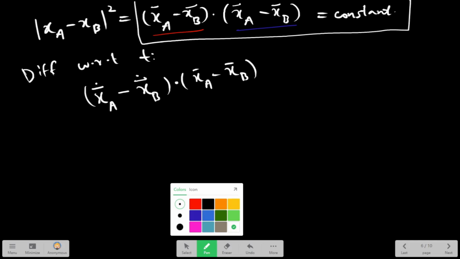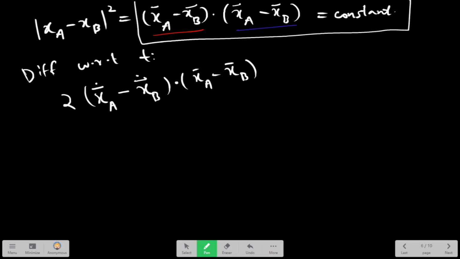Now when you take the derivative of blue, you will get the same thing, xa dot minus xb dot, and then you multiply with red, which is xa minus xb. So this is actually 2 times and equal to 0. We can dissolve 2 also in 0. Therefore we have xa dot minus xb dot dot xa minus xb is equal to 0.